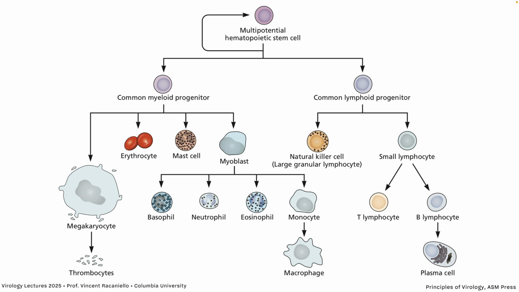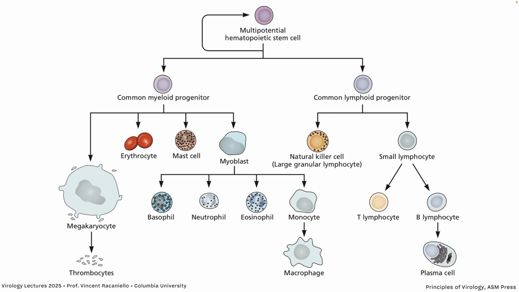And how are they made in our body? They're all made from a stem cell in our bone marrow called a multipotential hematopoietic stem cell, which is self-renewing. So it can make more of itself. And it matures to give rise to two lineages. The lymphoid progenitor, which gives rise to lymphocytes, right?